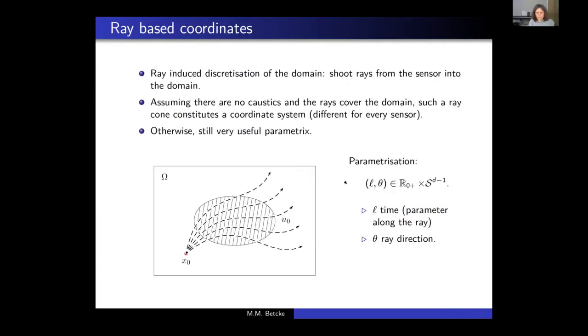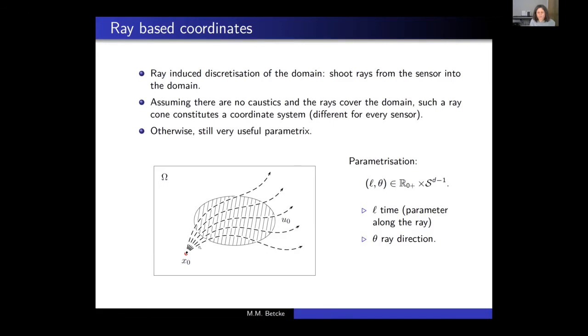Okay, so once we obtain those rays, we now do the following setup. We take the sensor location x0 and we shoot the rays in all the directions so that they cover the whole domain omega here, and we trace them until they have left this domain, so that they cover the entire domain.